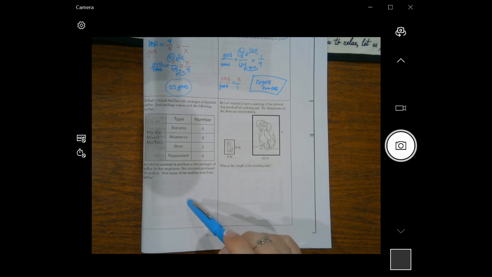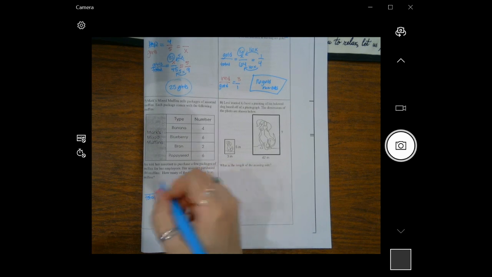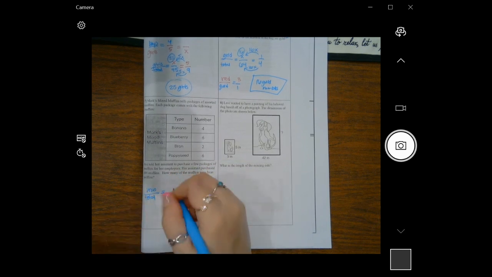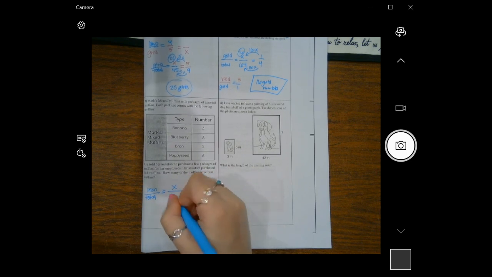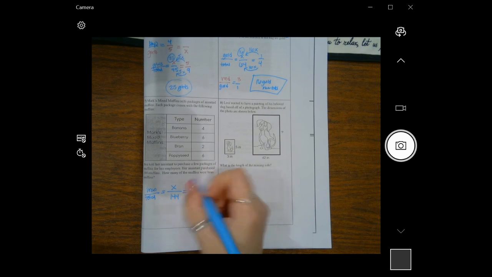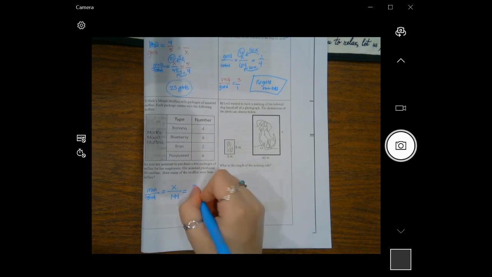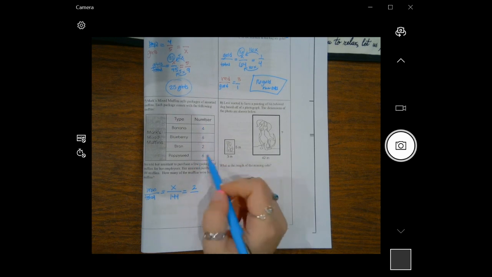Okay. So they told me the total amount of muffins, and then we're focusing on how many of those are bran muffins. Okay, so we don't know how many of them are going to be bran muffins if there's a total of 144, but from the package, we know that if there's 2 bran muffins, there's a total of how many muffins in the package.